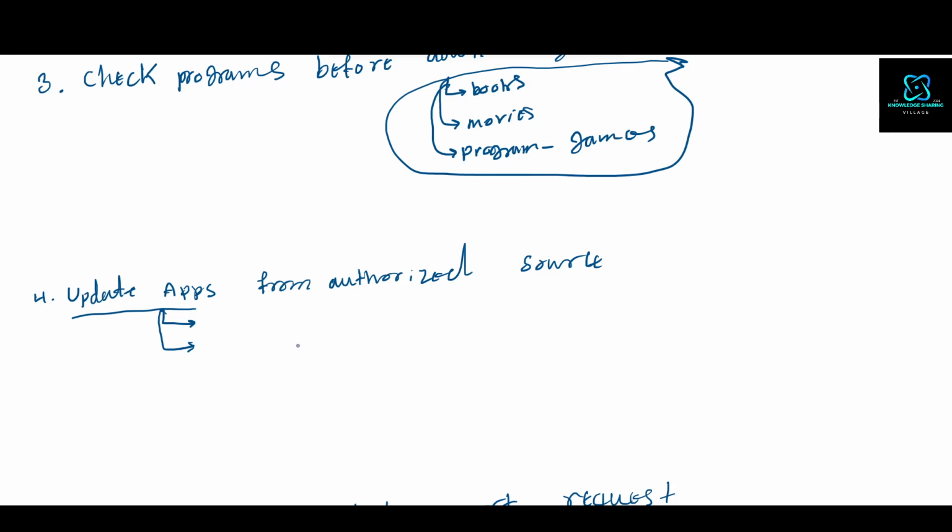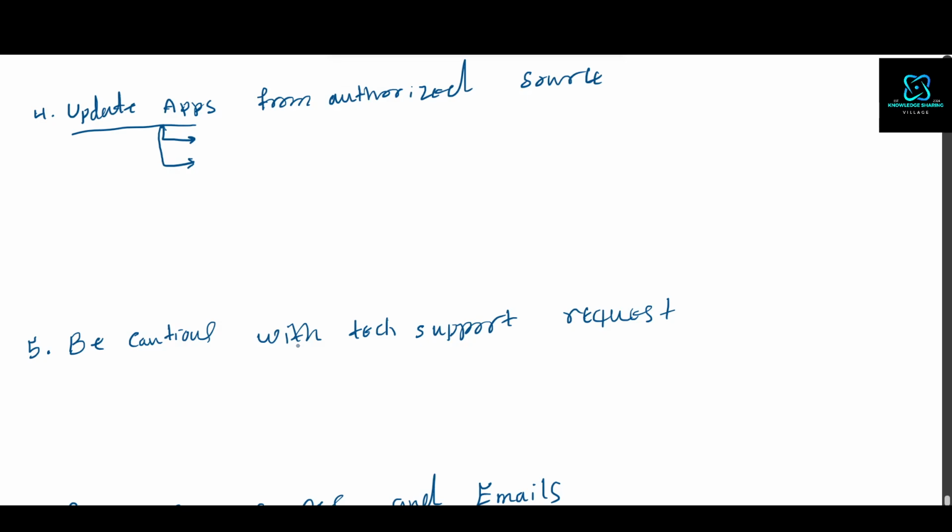Okay. The fifth step that will make it painful and hard for them is to be cautious with the tech support that you are requesting. Every device that you are using, those companies have their own tech support, or they are using some consultant company that are helping them.